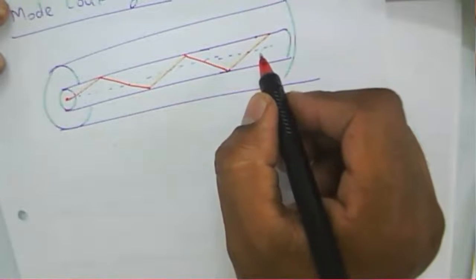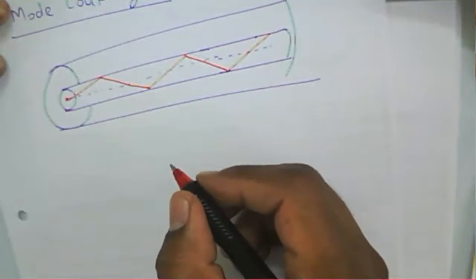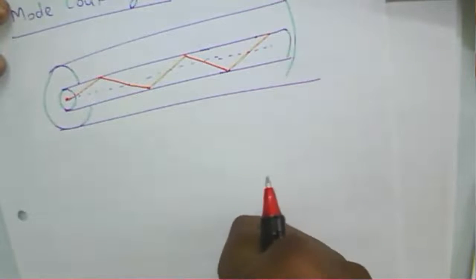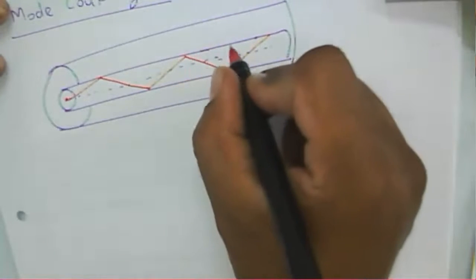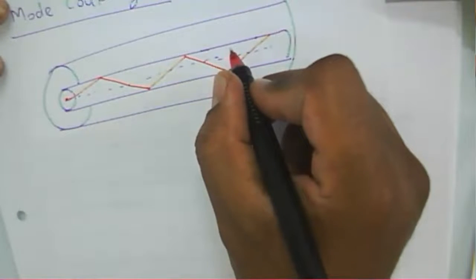If there is a change in the propagating mode of this light, okay, mode change means what? There is a change in the light rays, there will be a change in those rays.